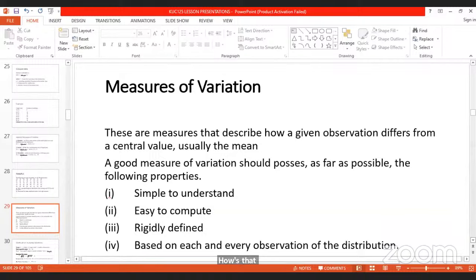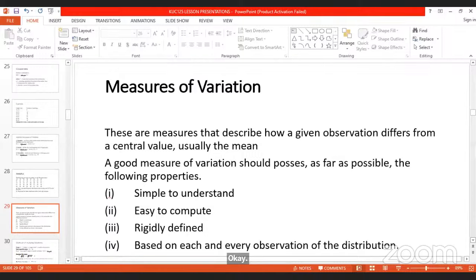But as we look at variation, we must also understand what are the best measures. What characteristics should a measure of variation possess? The following properties are important.